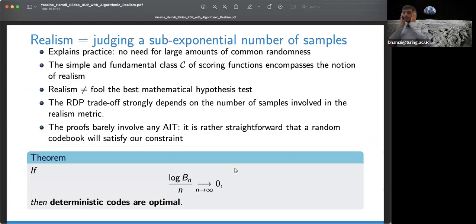And so to conclude, what we propose are constraints which can be used to judge a single reconstruction, or a bit more than that, and this explains the discrepancy with practical algorithms.